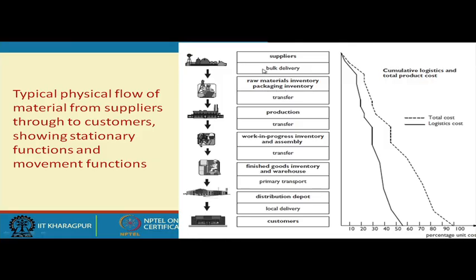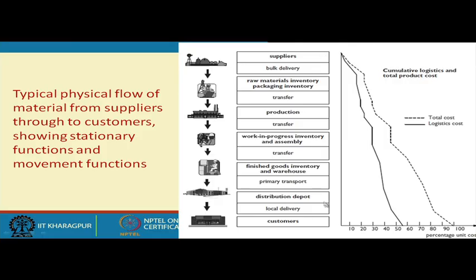For example, every transfer that we see here is actually a movement function, and this particular diagram shows the cumulative logistics and total product cost when the item moves from the supplier till the end customer.